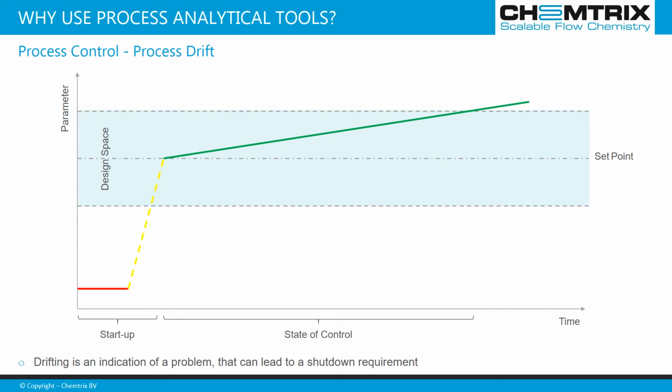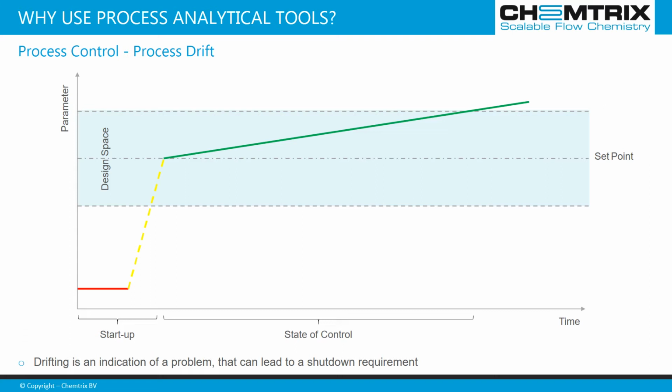If we couple PAT together with advanced process control and model predictive control, what you can start to do is understand the root cause of that change, and maybe you start to do preventative actions much sooner than waiting for your process to go out of the design space. So this can save you a lot of time, it can save you diverting material to waste, because you can much earlier correct the root cause of this change.